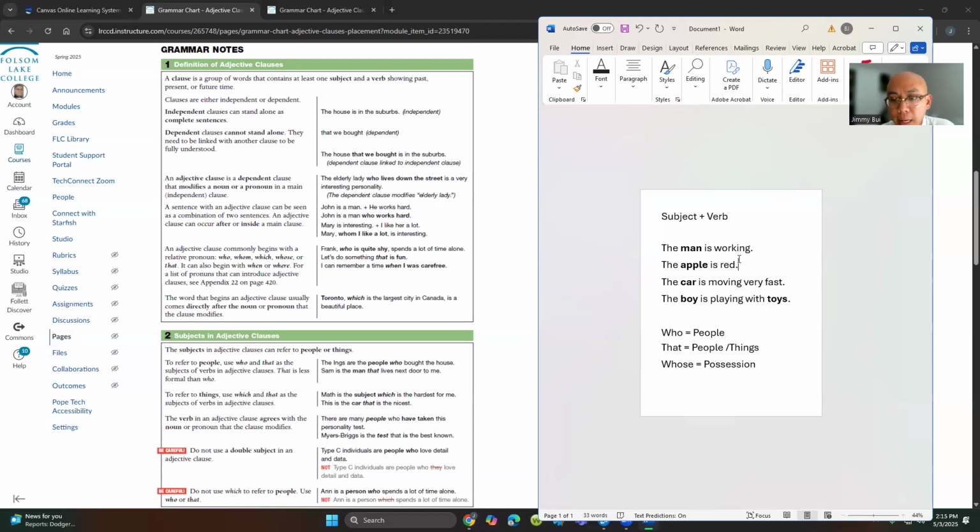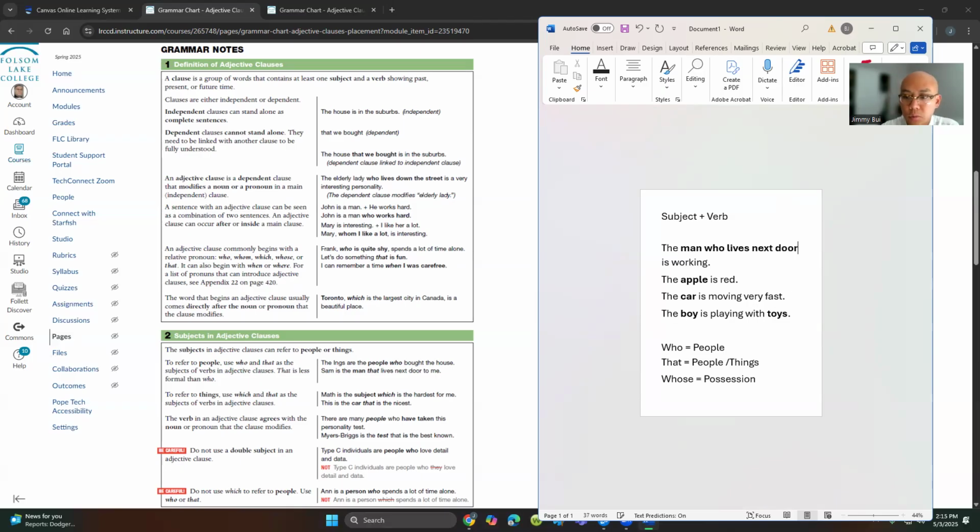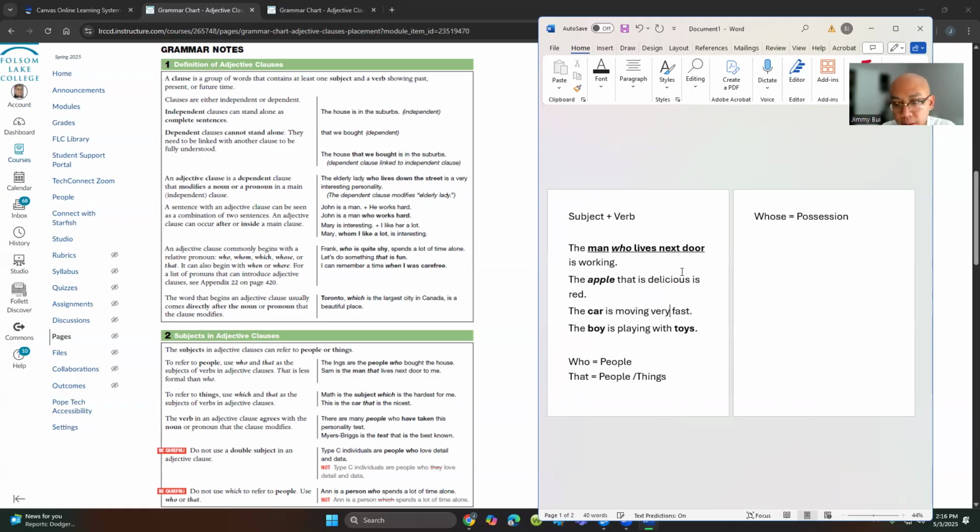Okay, so the man is working. The man who lives next door. Now this would be our adjective clause. And so we use who because we are referring to man. In this case, the apple is red. Apple is a thing, and so we're going to use apple that is delicious is red.